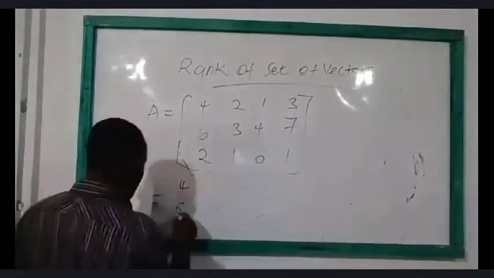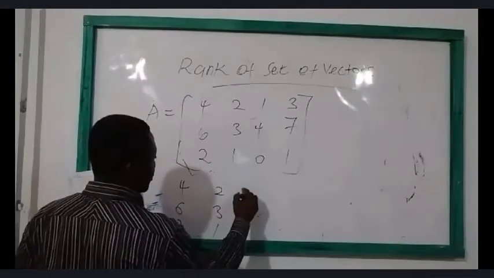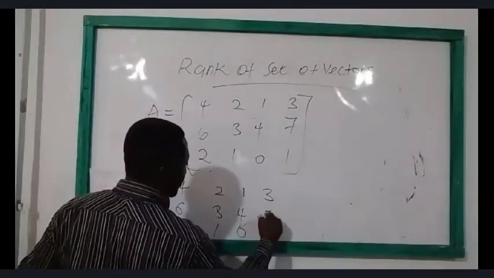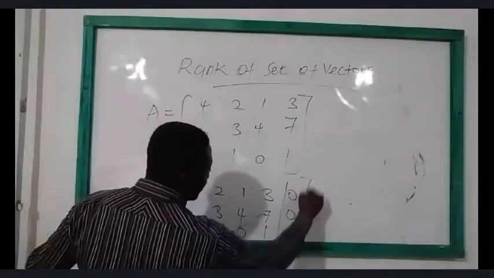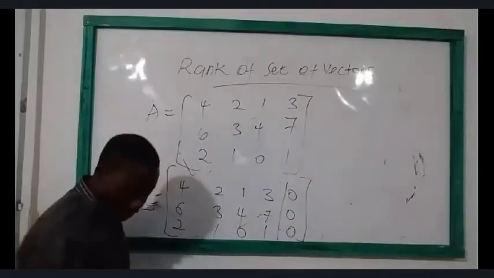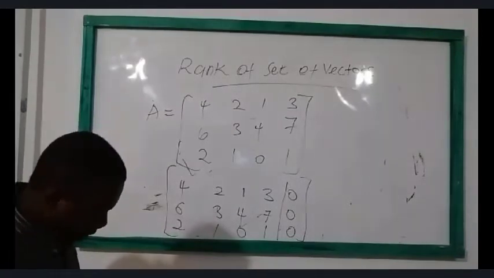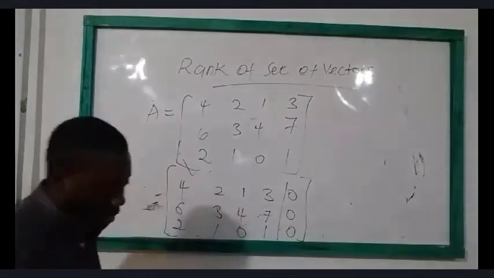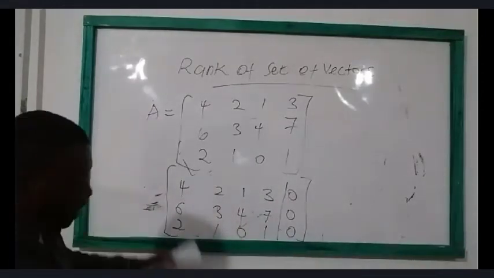What I do is that you write the matrix and then you augment it with the zero vector. Because this is a 3 by 4 matrix, we can get a 3 by 3 matrix out of it. So it means that our zero vector must be of size 3. So you augment it with a vector.